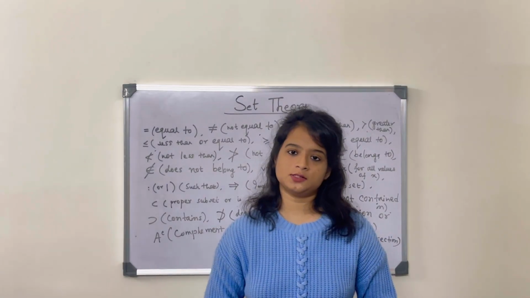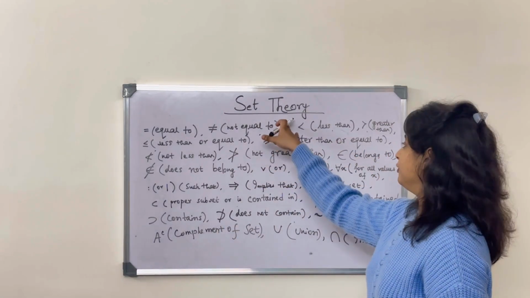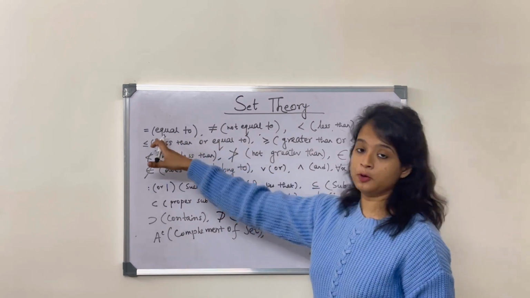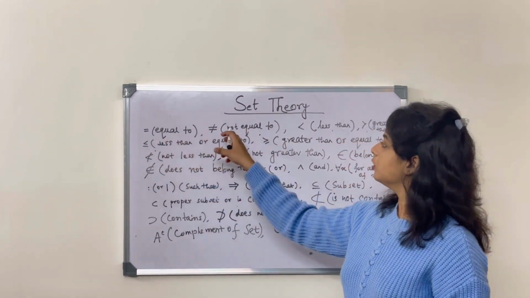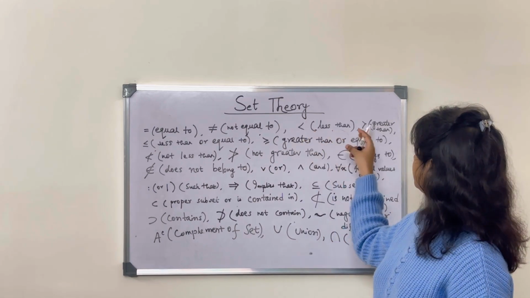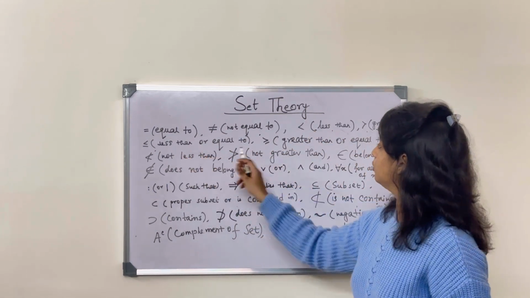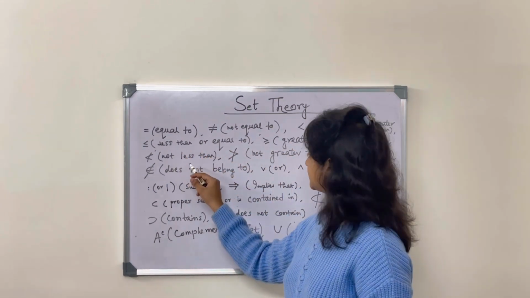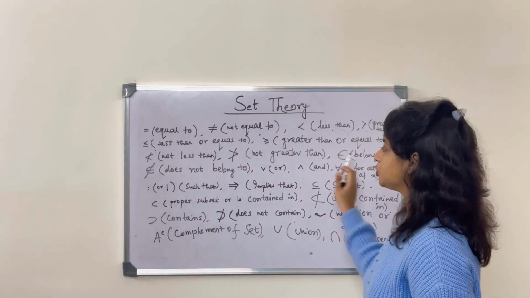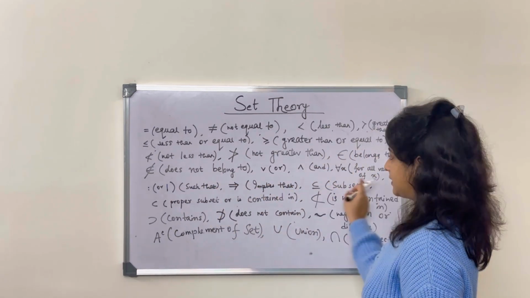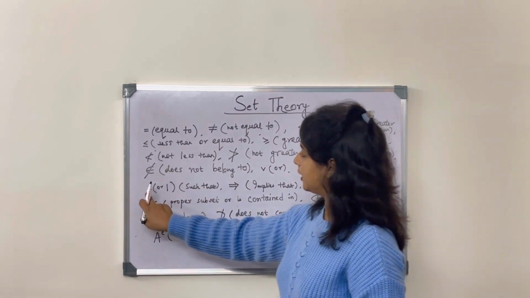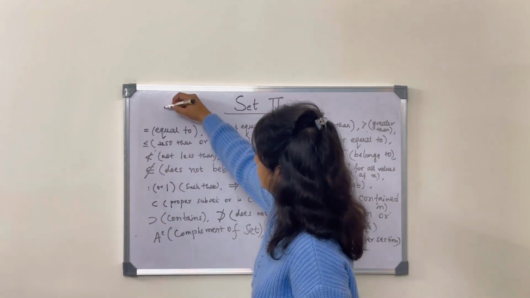So today's topic is all about set theory. Before knowing about set theory, we have to know some notations which we are going to use later. Equal to, not equal to, less than, greater than, less than or equal to, greater than or equal to, not less than, not greater than, belongs to, does not belong to, or and, for all values of x such that. Actually here we are using this notation for such that.